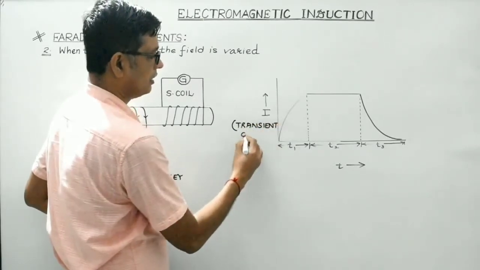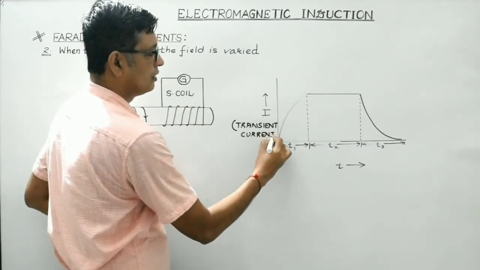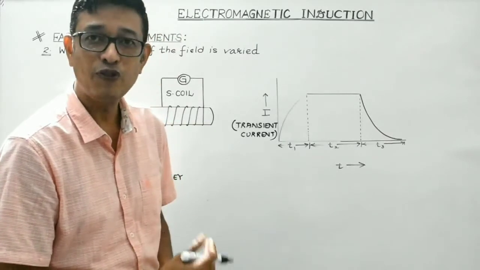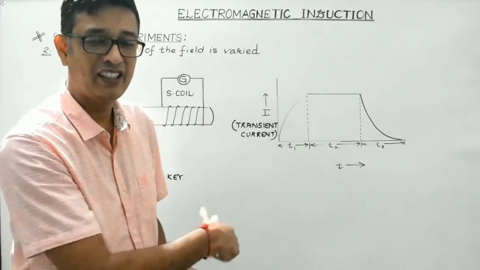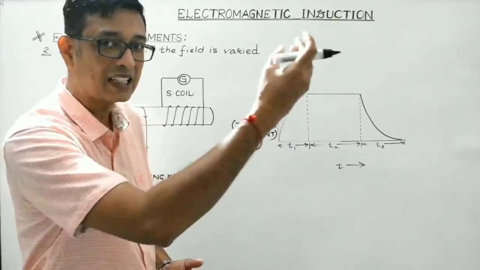Students, it is that type of current which takes some finite time to grow from zero to maximum value, and then again on releasing the key, it will take some finite time to decay from maximum to zero value, right?